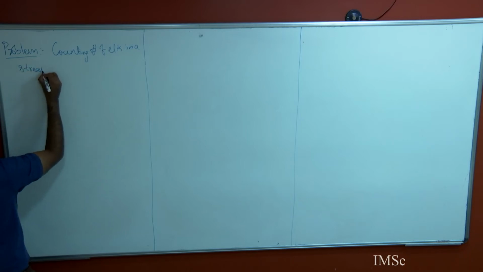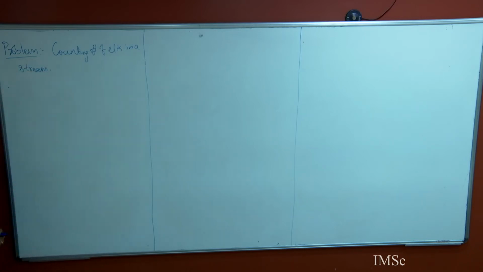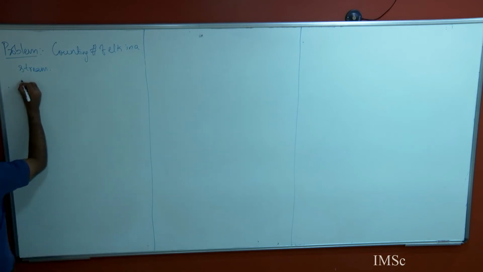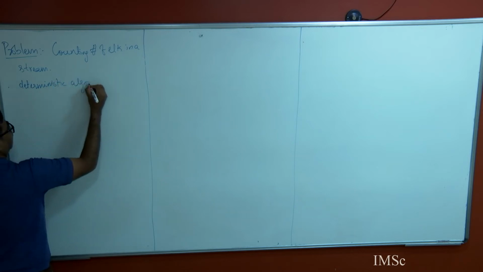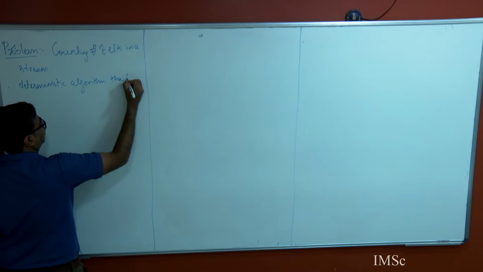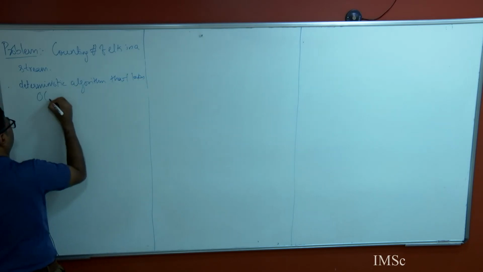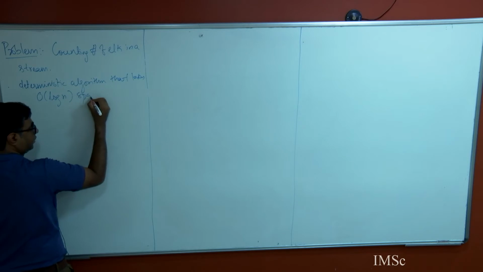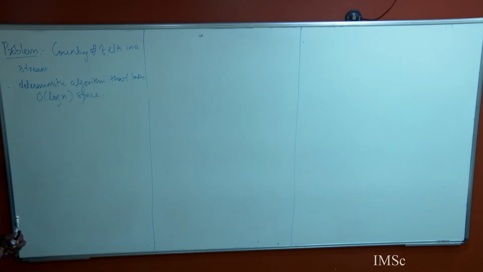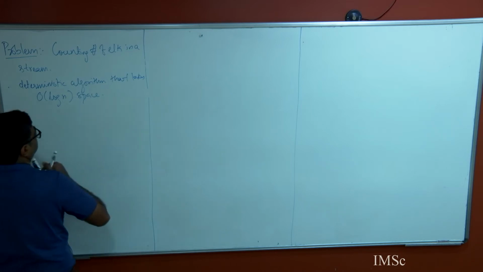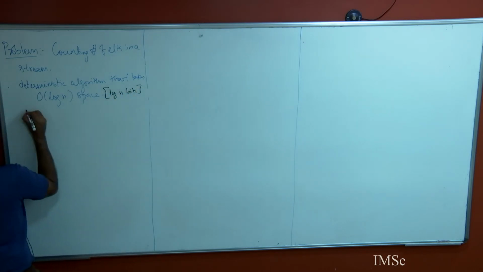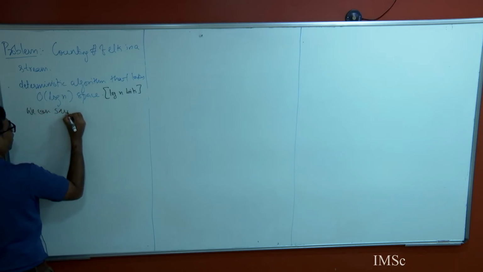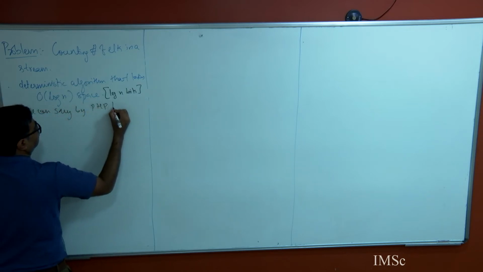We first observed that we can give a very simple deterministic algorithm that takes order log n space. One can easily show that you cannot do better than log n bits, and we can show by the pigeonhole principle that this is optimal.